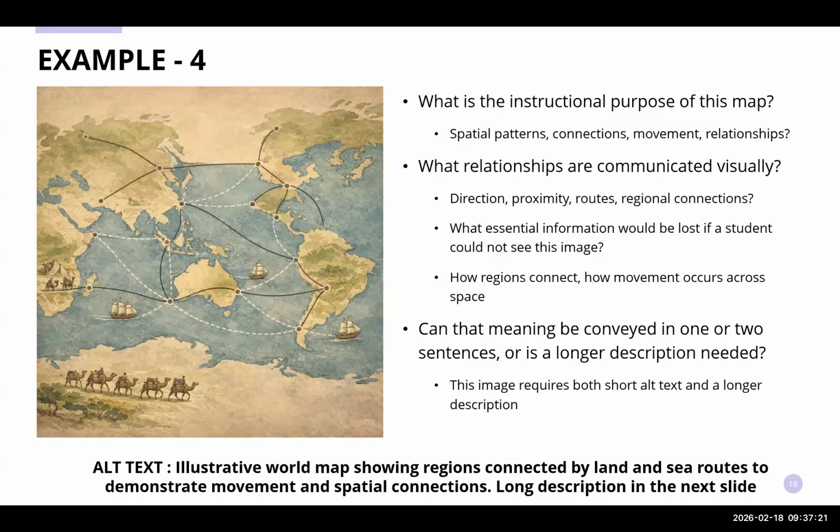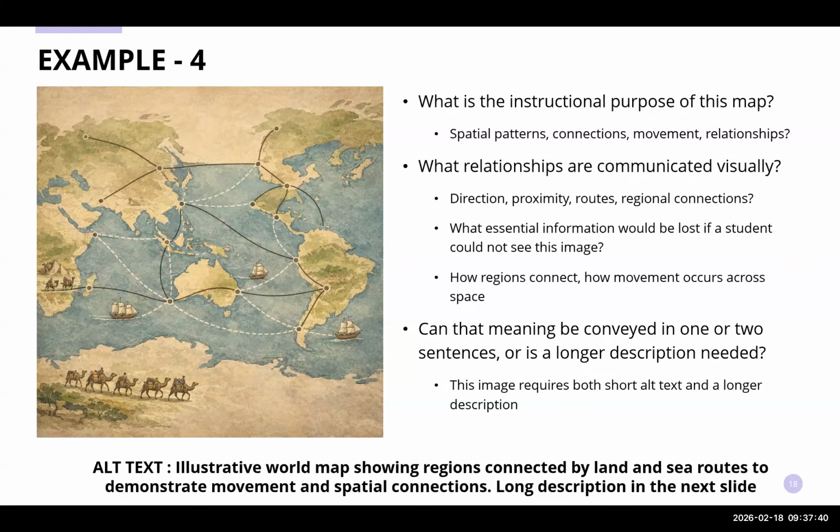For our final example, we are looking at a map, the tool that we use constantly in humanities to show how ideas, goods, and people move across the globe. Now, the instructional purpose here is not just to show where a country is located.